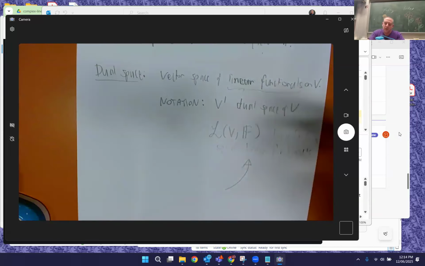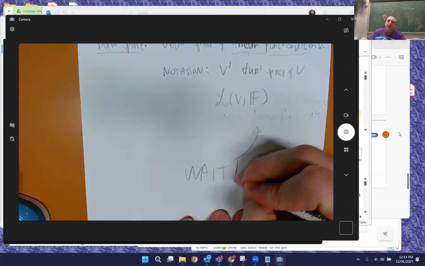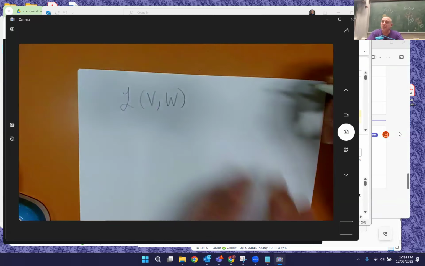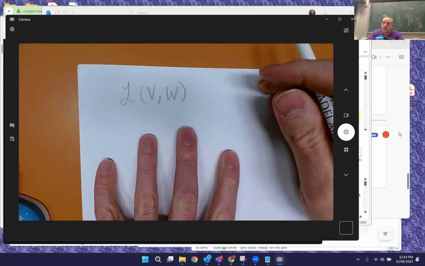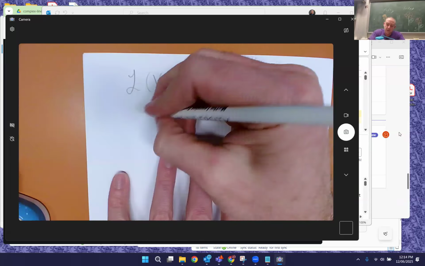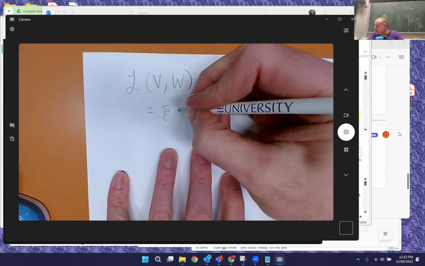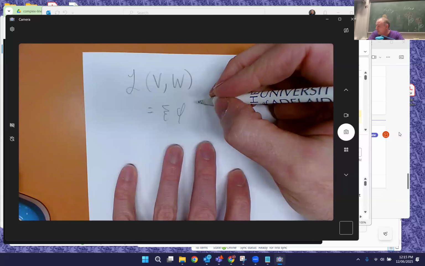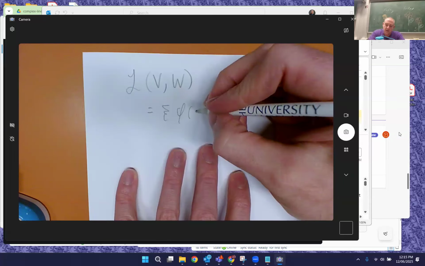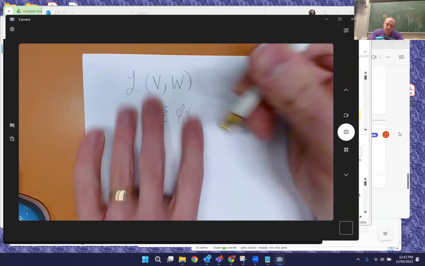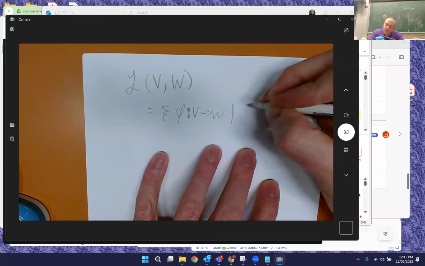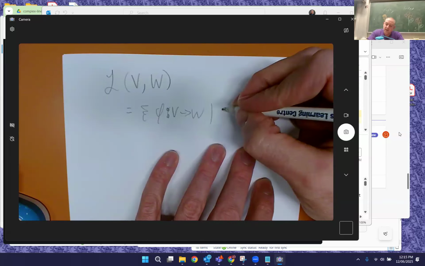So just to be, just wait. Okay. So this from V to W is the set of linear maps from V to W. The set of, do they use phi? Yeah. So the set of phi, which sends V to W such that phi is linear.